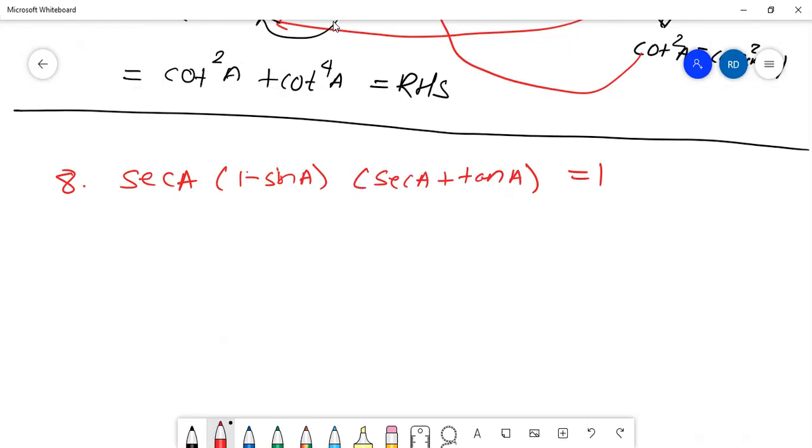Let me see whether it is correct. Yes, so the right hand side is 1. It means that everything that we are going to get can get cancelled. Okay, let's see how it is done.